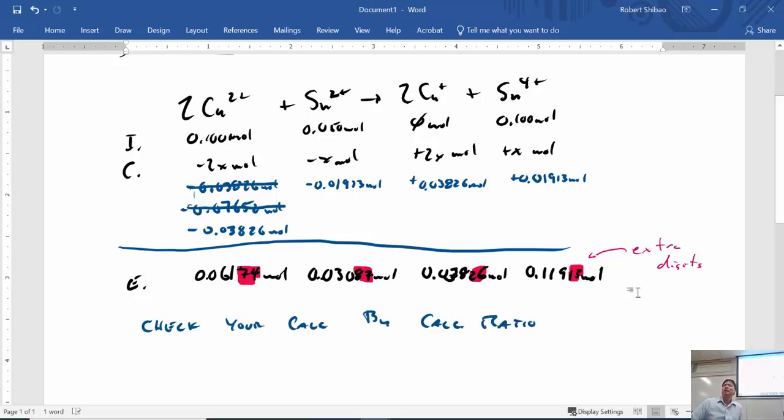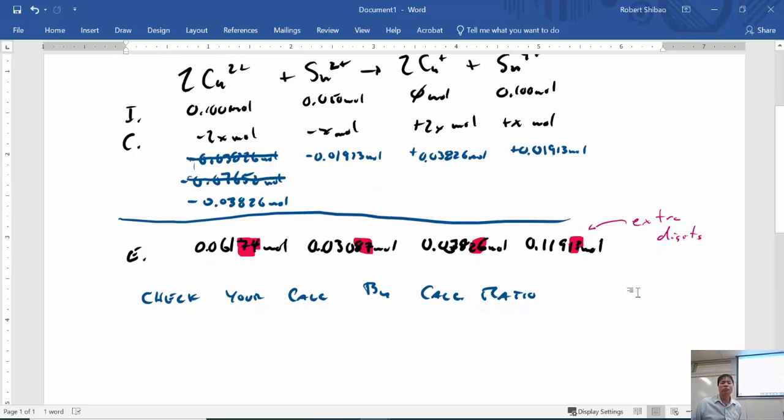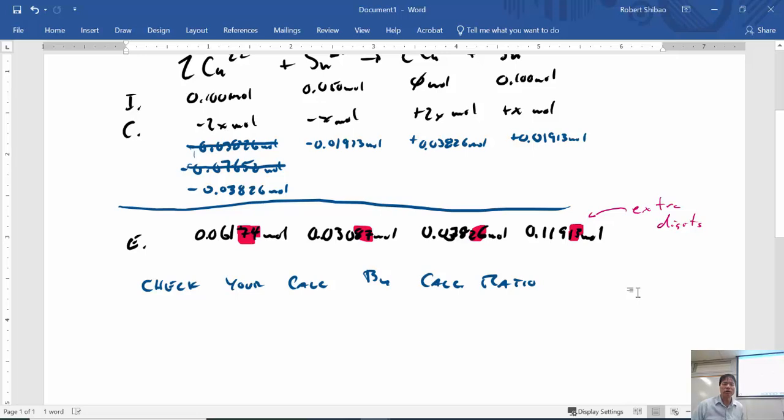Remember, this gave us a ratio of a little bit more than 1.48. And so I'm going to go ahead and check the ratio to make sure it's correct. And when we check the ratio, I don't want rounding error. Rounding error can significantly alter it. And so to minimize rounding error, I carry extra digits.